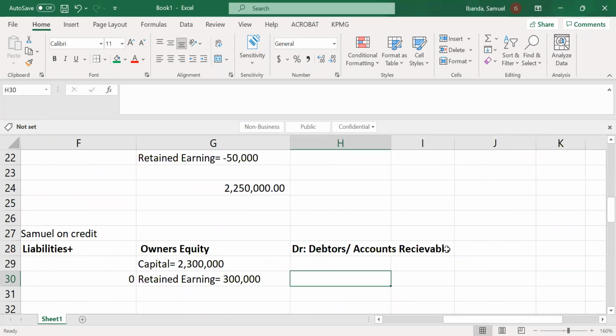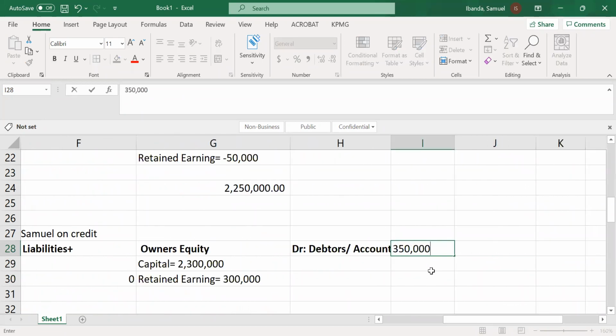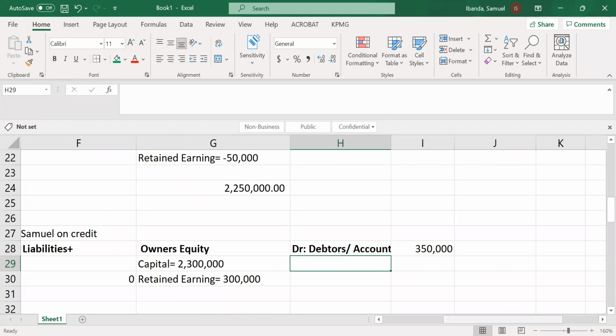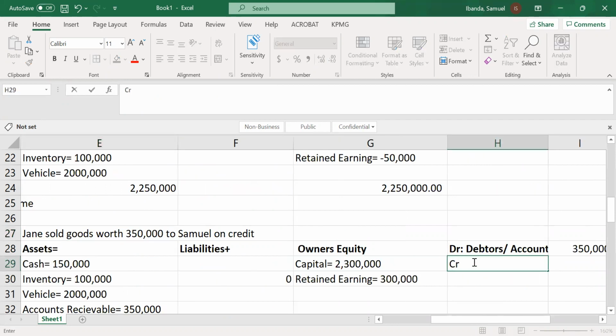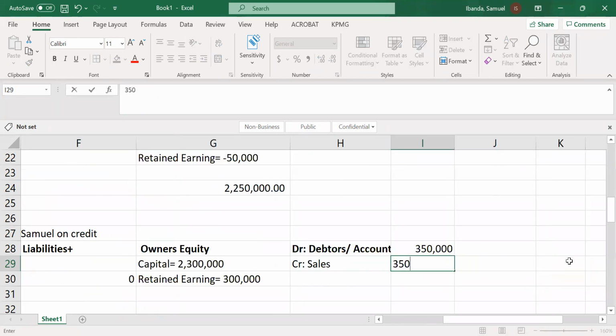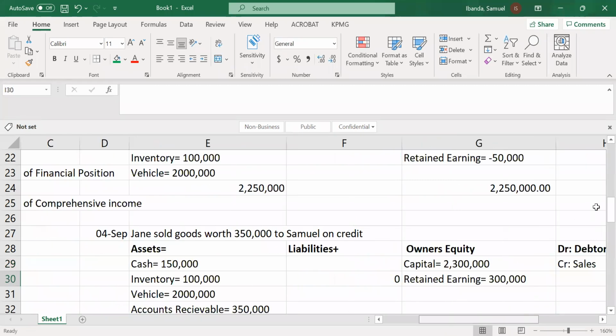And we're going to affect this with how much? With the value of the transaction, which is 350,000. And what is the alternative account we're supposed to affect? Jen sold, so we have sales. Whenever sales are increasing, we credit them. So sales are being affected by 350,000. That is what is happening.